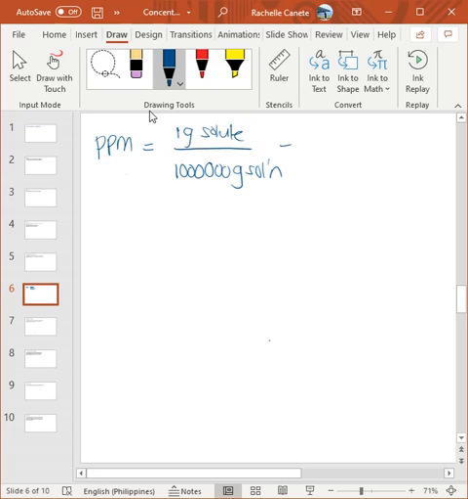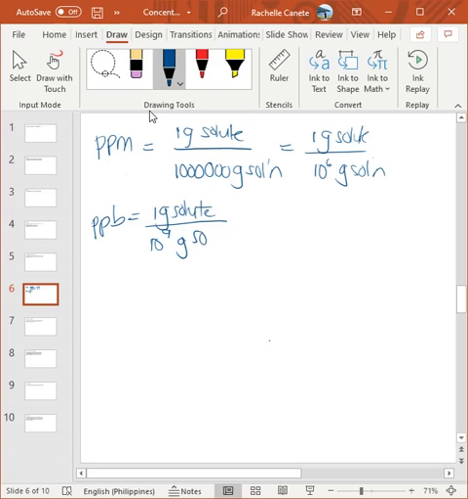That's PPM, or that's equal to 1 gram of solute for every 10 to the 6 grams of solution. Di ba? And in another case, ang PPB, that's 1 gram of solute for every 10 to the 9 grams of solution. Kay PPB man, di ba? 9 ka zeros ang billion.